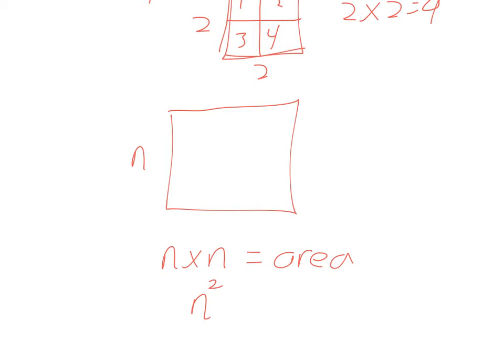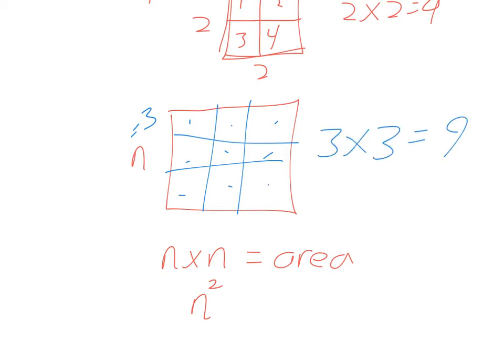Say n is going to equal 3. In that case, you split each side into thirds. Normally these would be equal, but you can see the point. There are 3 times 3, or 9, meaning that 3 squared is going to equal 9.